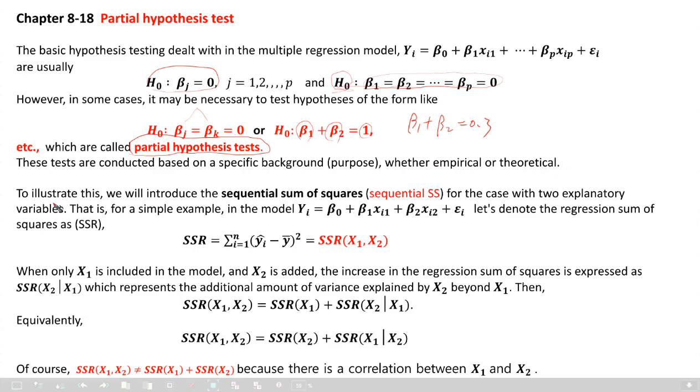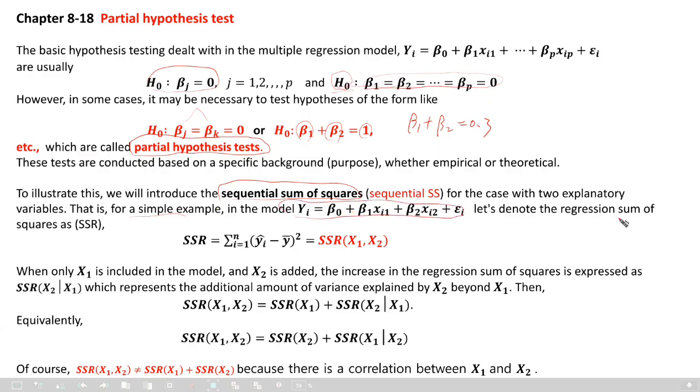To illustrate this, we need to know sequential sum of squares, for the case with two explanatory variables. This is a simple example: the model y equal to beta 0 plus beta 1 x1 plus beta 2 x2 plus epsilon, only two explanatory variables.